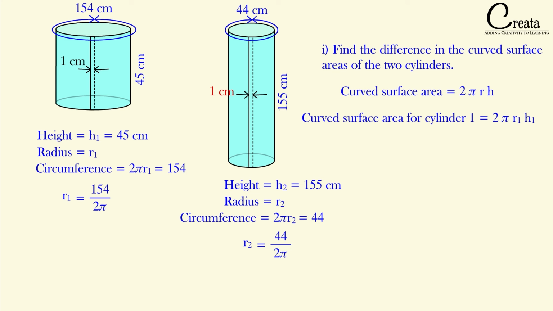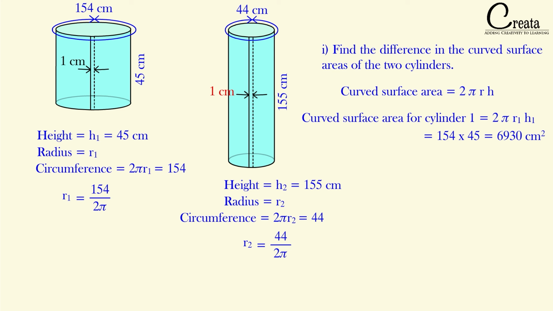And in the first part, what is 2 pi r? It is 154 centimeter. 2 pi r is the circumference, which is given as 154 centimeter. Let's put it into the formula. Here height is 45. On solving, we got the surface area of the first cylinder as 6930. Simple calculation. Further, let's take case 2, the cylinder 2.